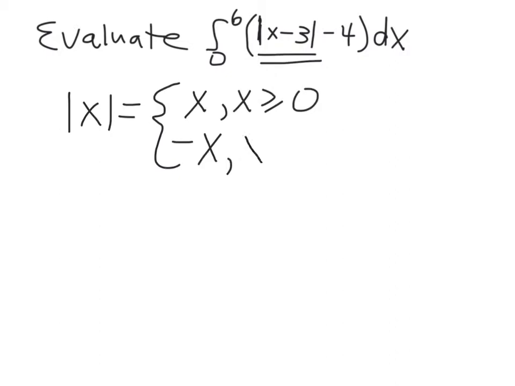So we represent the definition of the absolute value as this piecewise defined function. And if x is negative, the output's going to be positive, which is the opposite of the input.